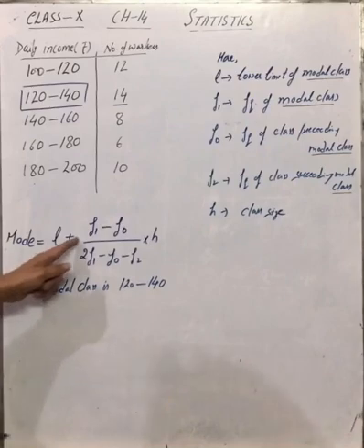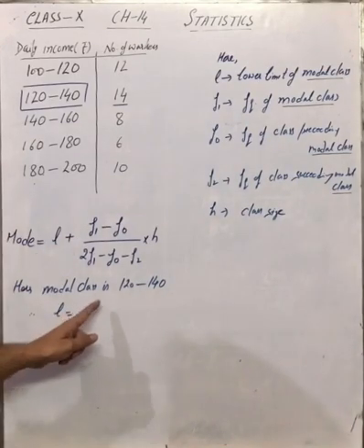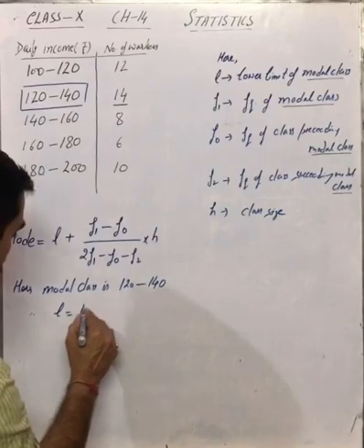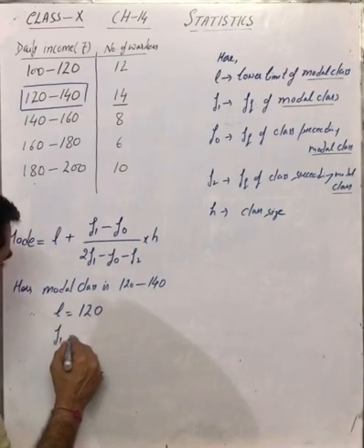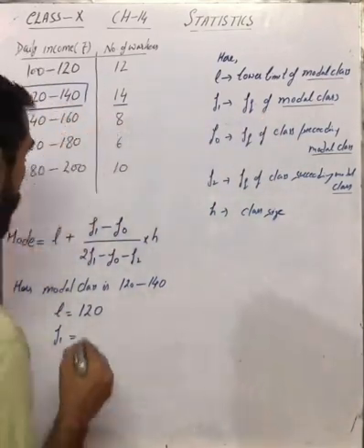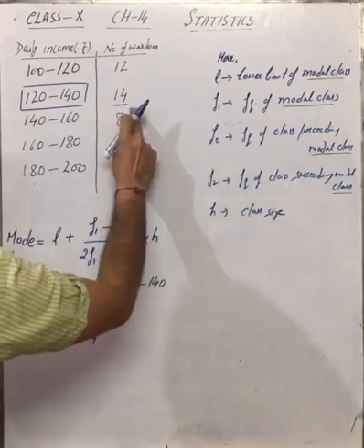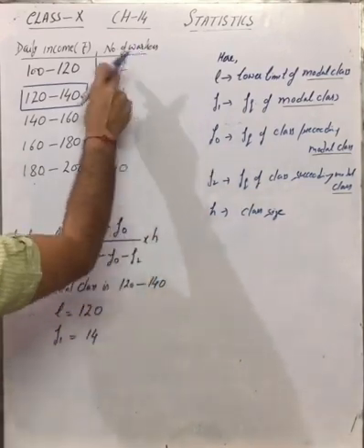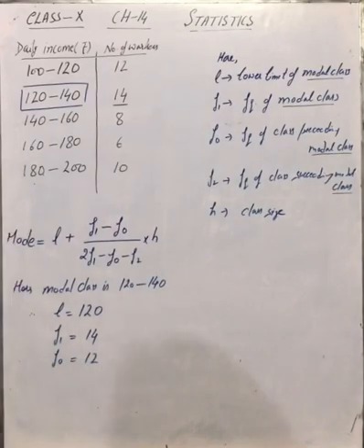Now the rest of the terms. If this is the model class, its lower limit is 120. That means L is 120. F1, frequency of model class, तो इसकी frequency 14. F0, frequency of class preceding. Preceding means ऊपर वाली, इससे पहले वाली. F0 will be 12.